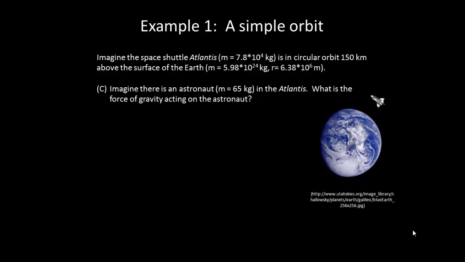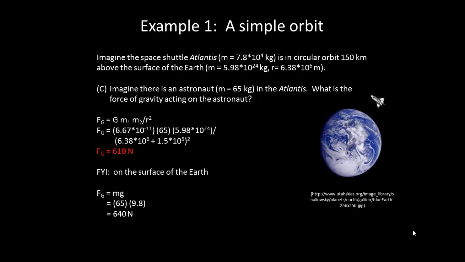All right, now let's imagine that there is an astronaut in Atlantis. What is the force of gravity acting on the astronaut? We have Fg equals big G m1 m2 over r squared, and we can plug in our values for when it is 150 kilometers above the surface of the Earth, and we'll get 610 newtons.